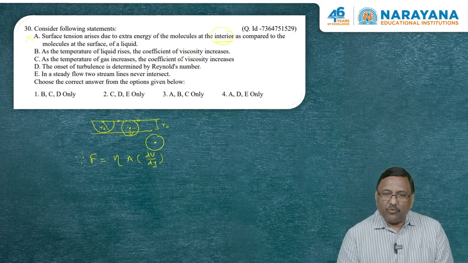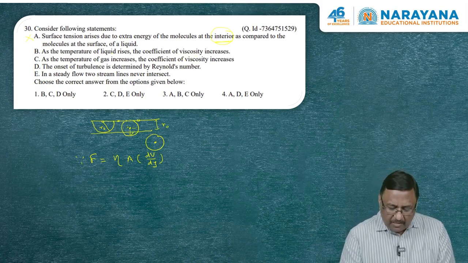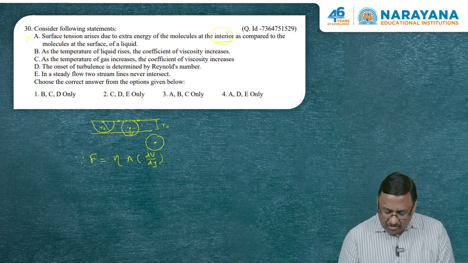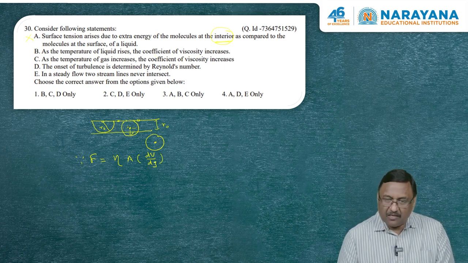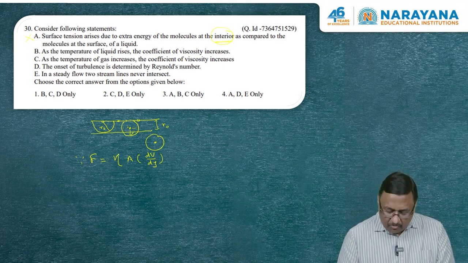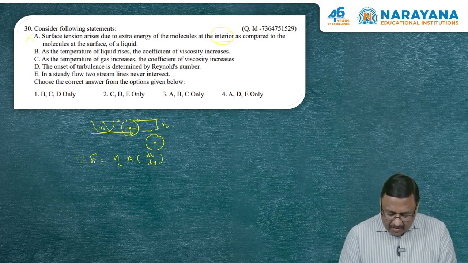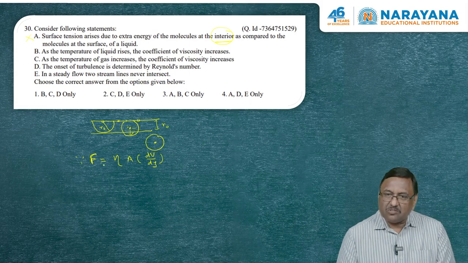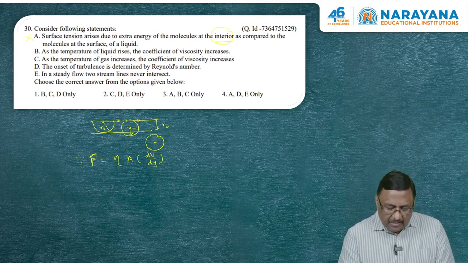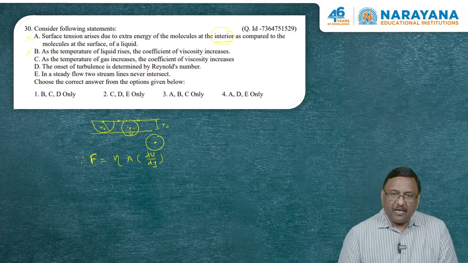So this dV upon dy factor is going to be a decreasing quantity, a smaller value. Then the viscous force is becoming less, which means my coefficient of viscosity is also becoming less. So B is also not the right answer.